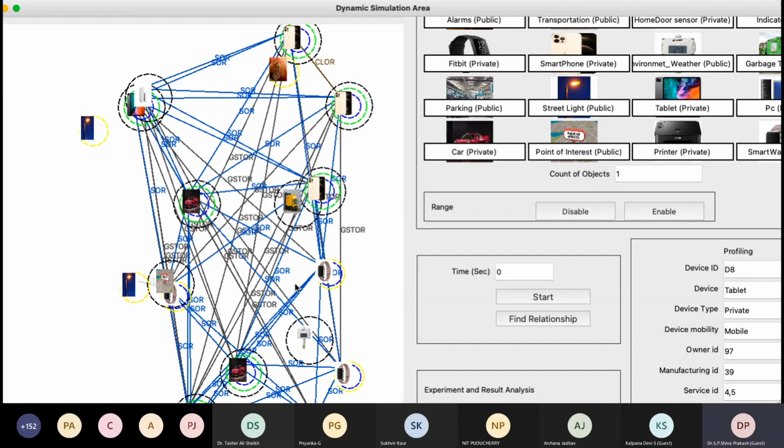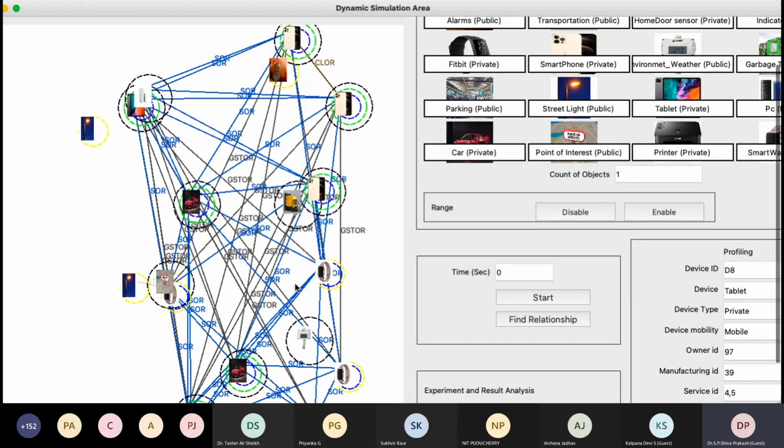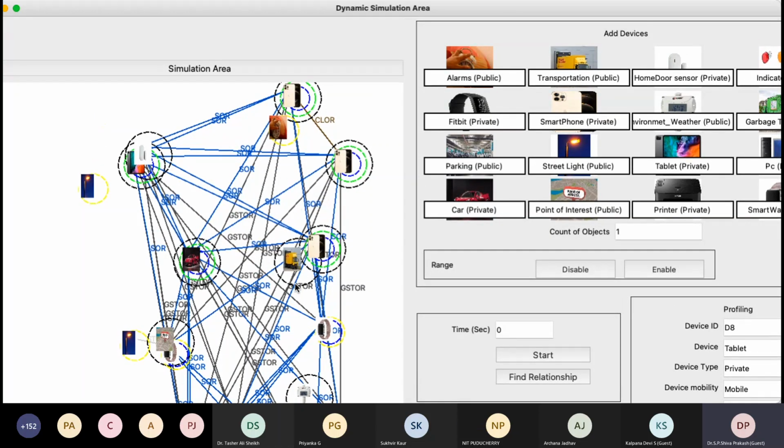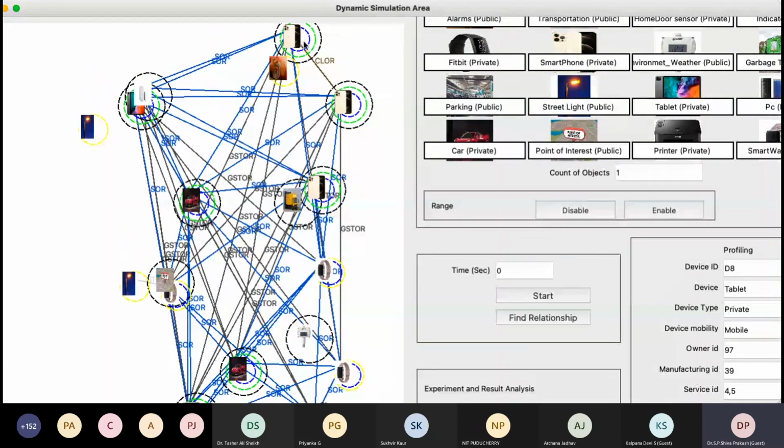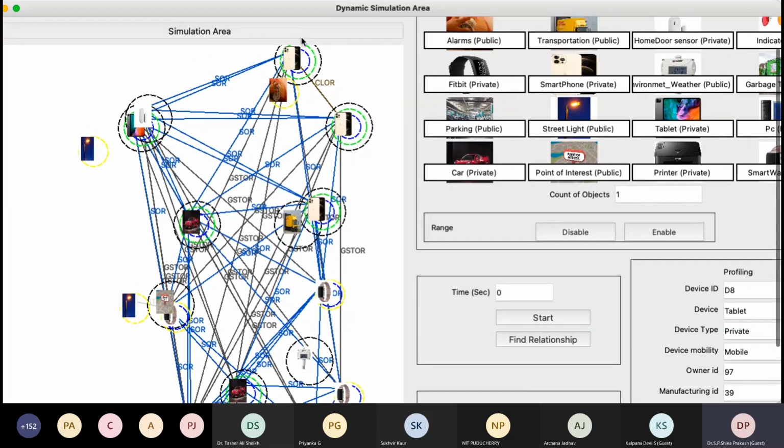Further, suppose I want to extend this or conduct more experiments, definitely you can do this. Now you can see this particular device has a relationship of CLOR.